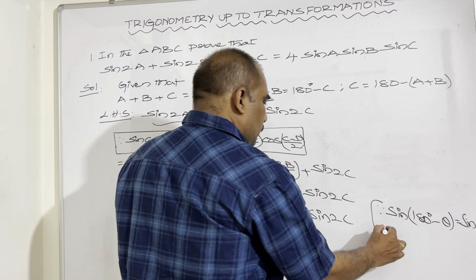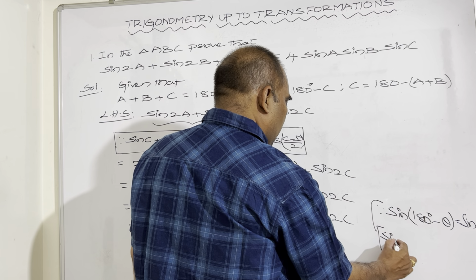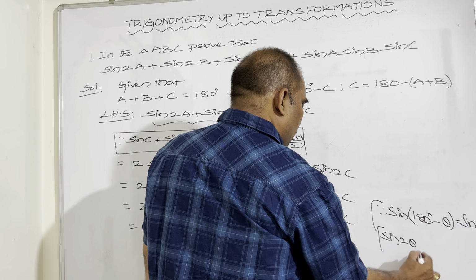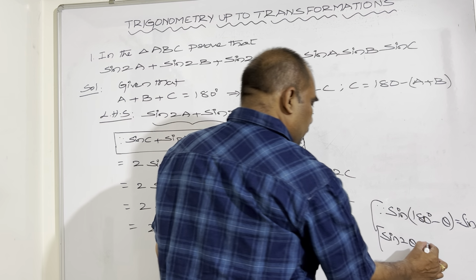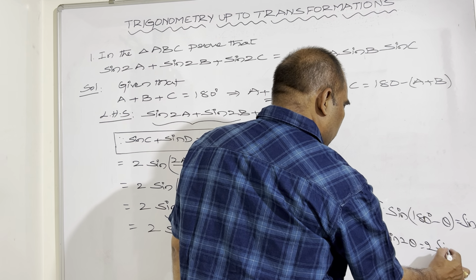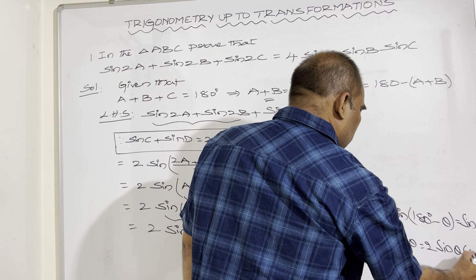Now sin 2C is like sin 2 theta, and we have the formula sin 2 theta = 2 sin theta cos theta.